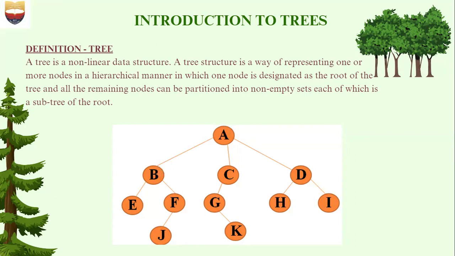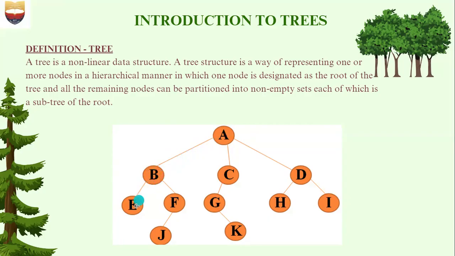Just the parent's level number plus 1, right? Just by following this formula, we can find out the level number of node B. And its parent node's level number is 0. Therefore, 0 plus 1 is equal to 1. Level of node B is 1.